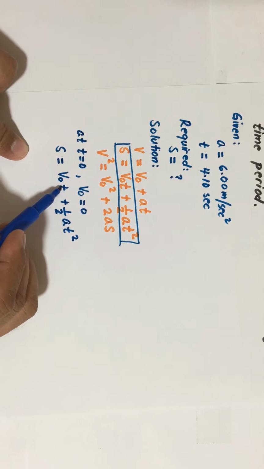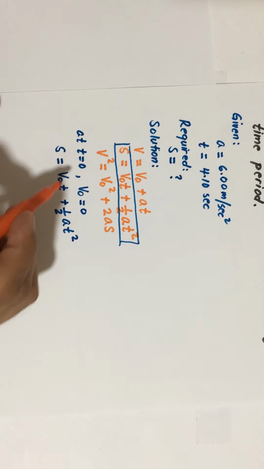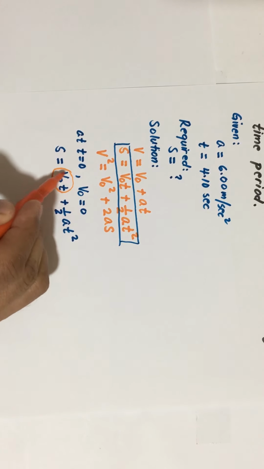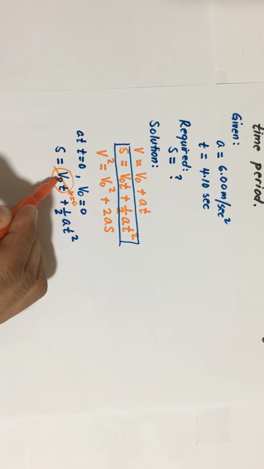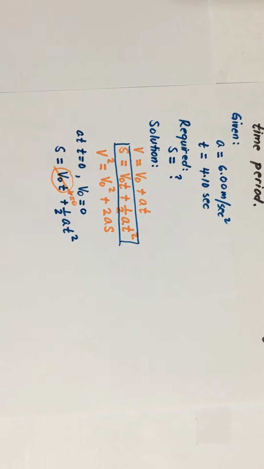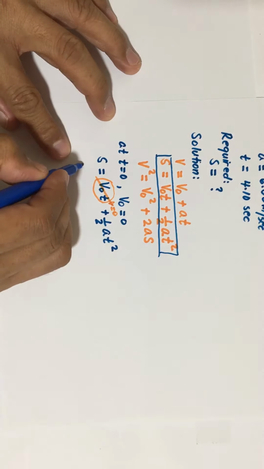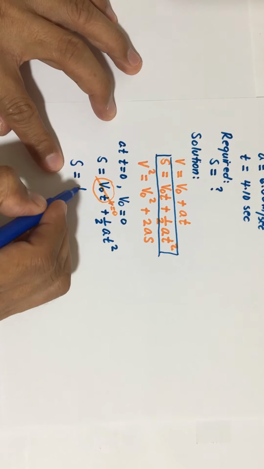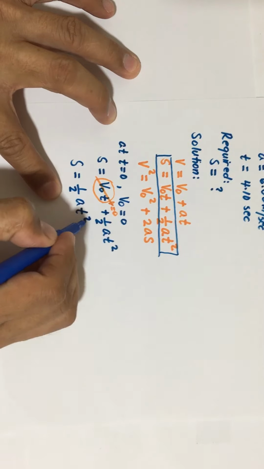So V sub 0 times t, this whole thing here, is also equal to 0, right? Because V sub 0 is equal to 0, and 0 times t is also equal to 0. So our equation now becomes S equals 1/2 a t squared.